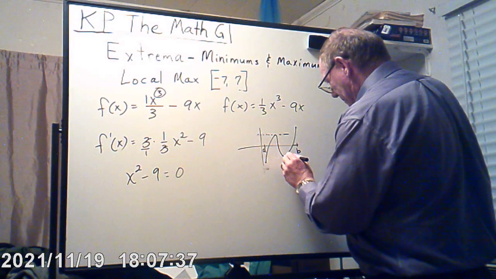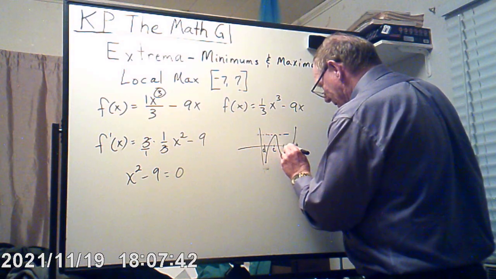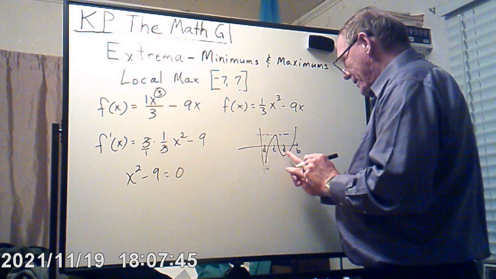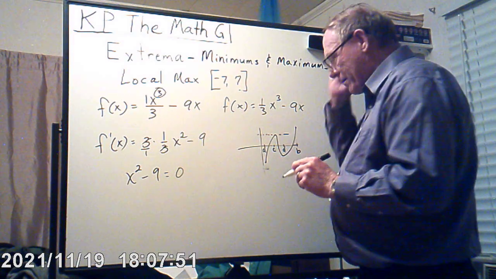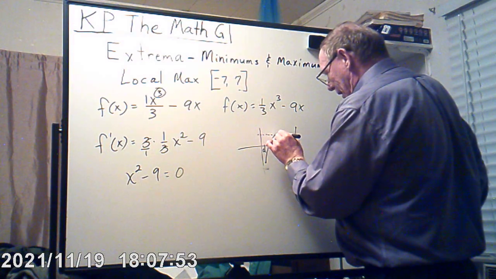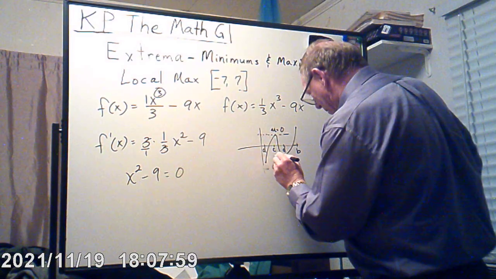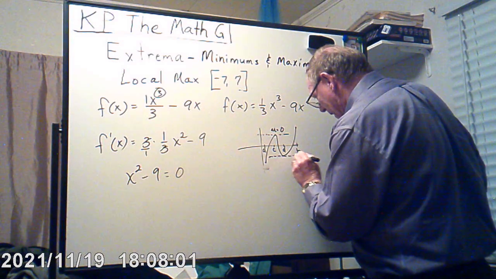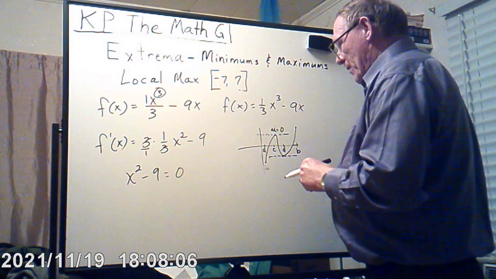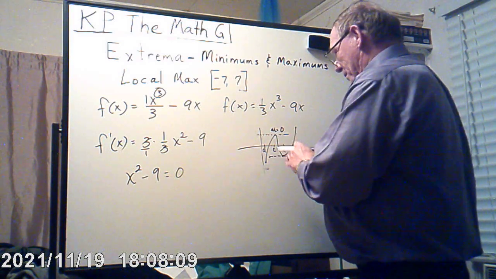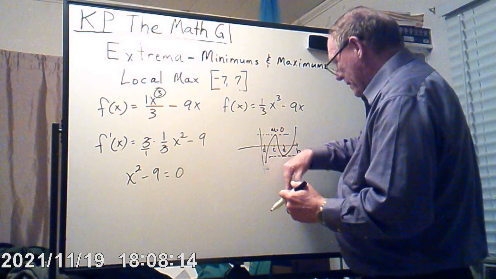Critical numbers would be somewhere like this, maybe C right here, and this critical number is D. So in this case, you have your critical numbers between the endpoints A and B. C and D would be your critical numbers, but this is where the slope is equal to 0. That would be a horizontal tangent line right there. Okay, so that's basically what you're looking for right here, is to see where that crest comes up.